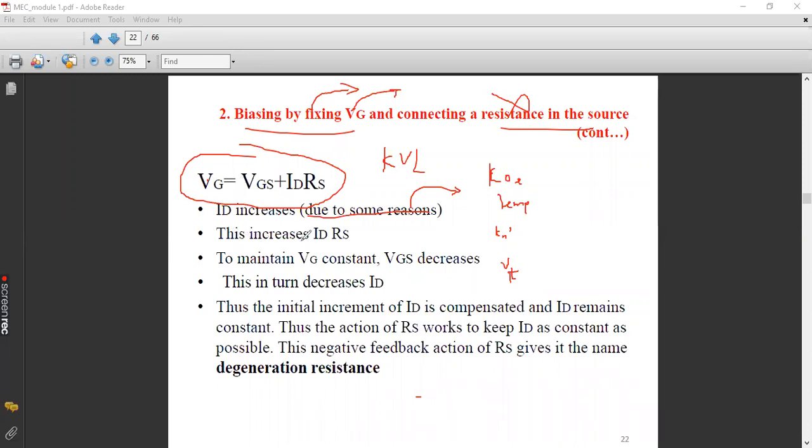Listen, if ID increases, normally IDRS increases, isn't it? When current increases, the voltage drop will also increase. So when ID increases, the drop IDRS will also increase. Now see this equation. VG is constant.